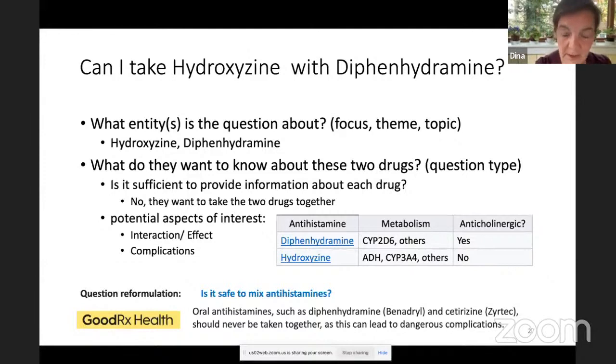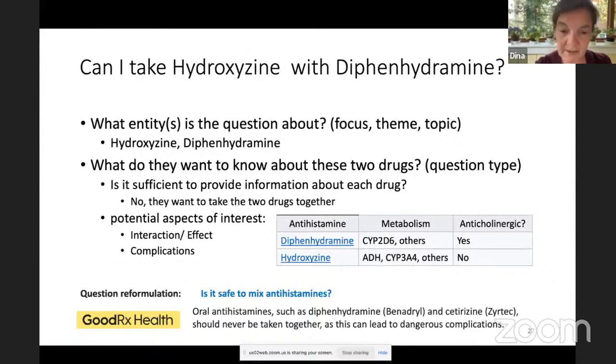Now, even if I searched manually for interactions between these two drugs, I couldn't find any resources on that. But then I realized that both of these drugs are antihistamines. So I just modified the search saying, is it safe to mix antihistamines? And in that case, we get the answer that says, no, it's not a good idea.